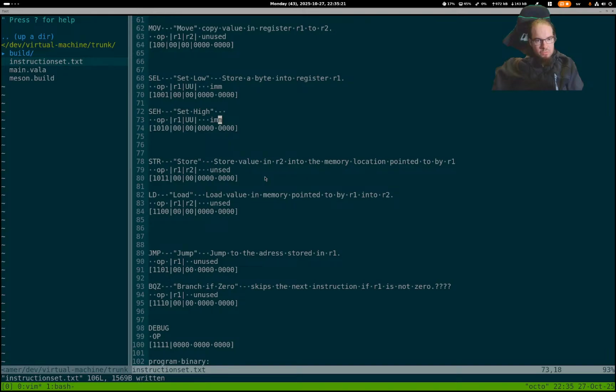Load, store. Load value of memory pointed to by R1 into R2. Store value in R2 into the memory location pointed to by R1.